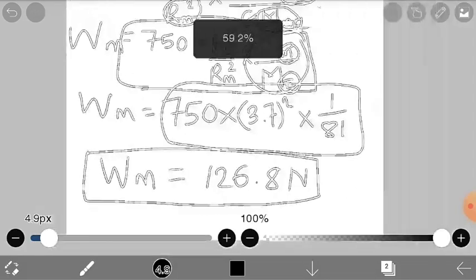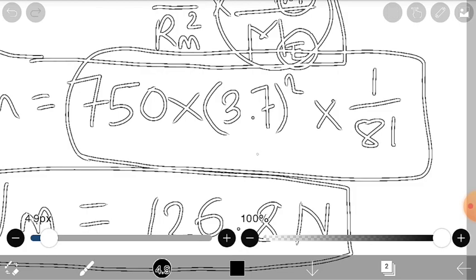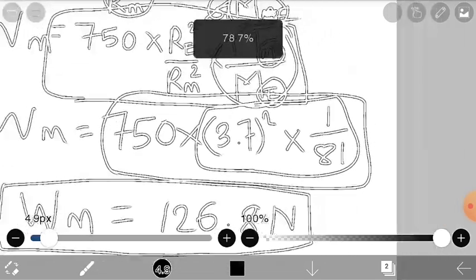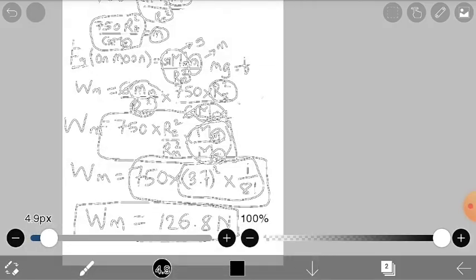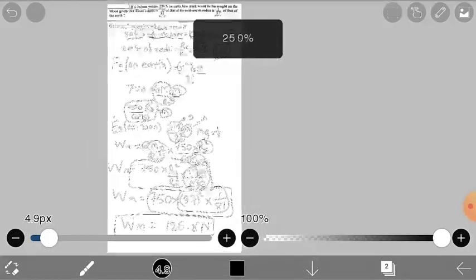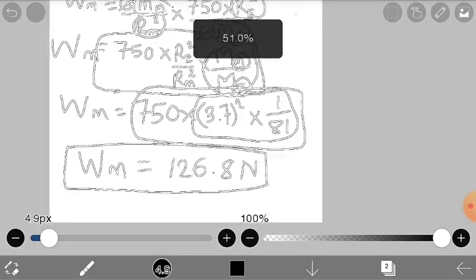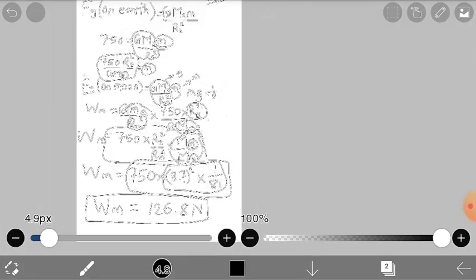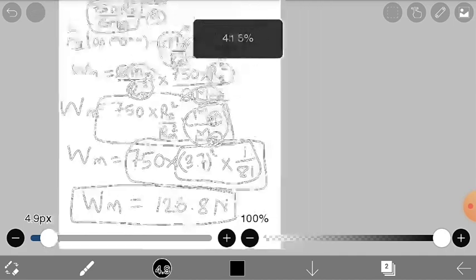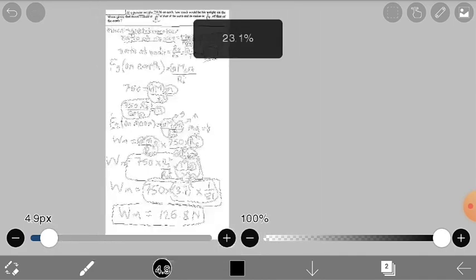I have not done the multiplication because the video would become lengthy and you would be bored. Therefore I have directly written 126.8 Newton.